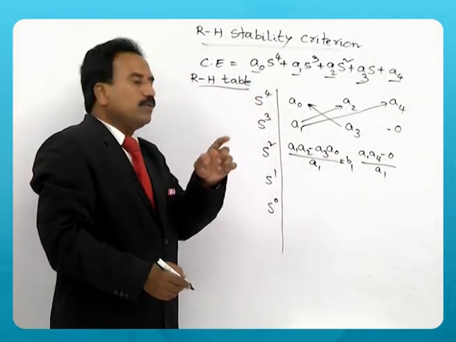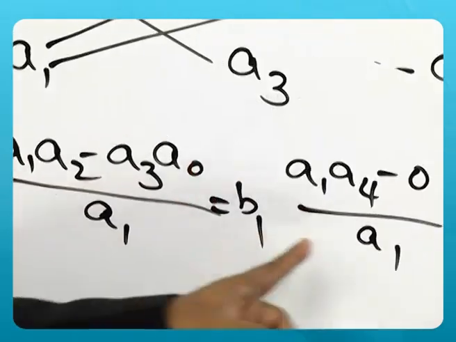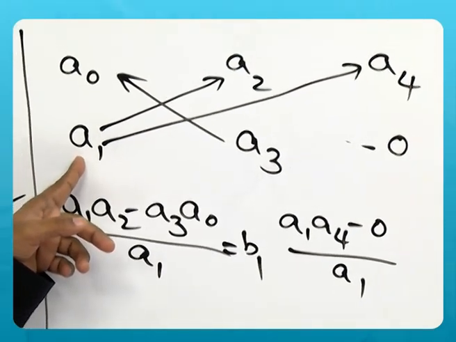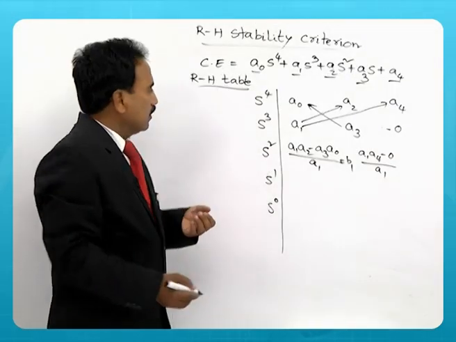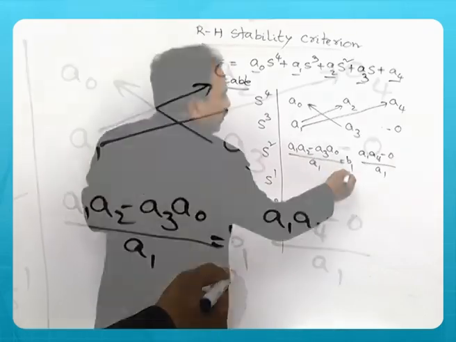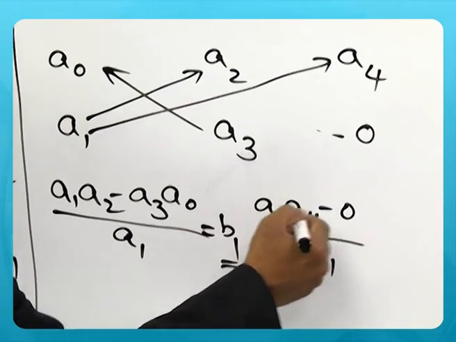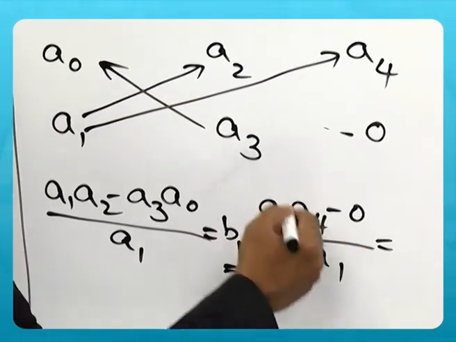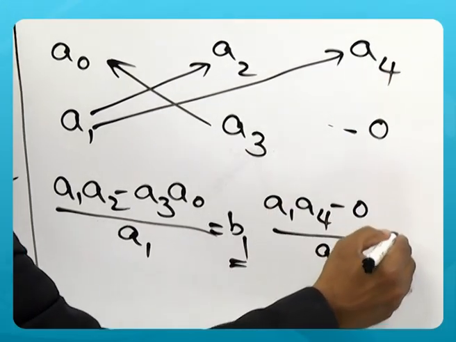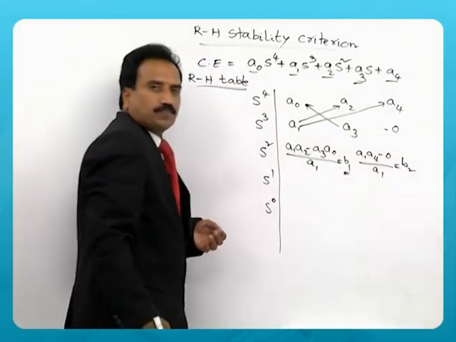For the entire row of S power 2, the denominator is the first element of the previous row. So A1 A4 by A1 is actually A4 only. Call this B2.